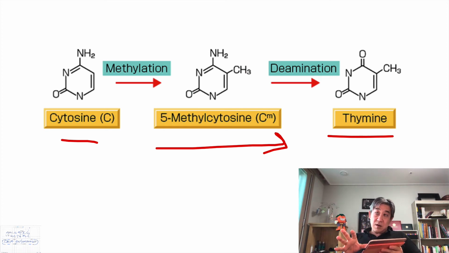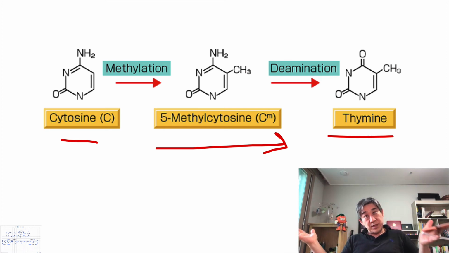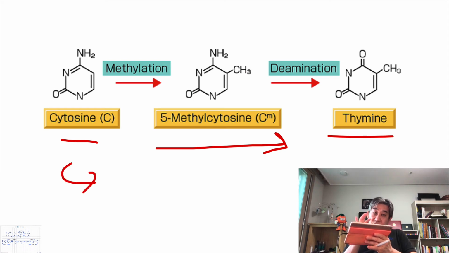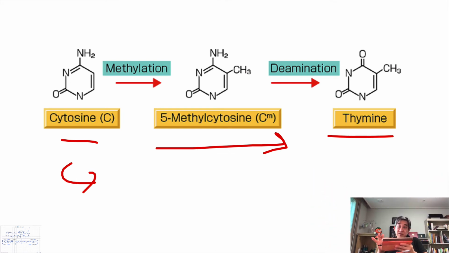If this event occurs just before DNA replication starts, then the newly synthesized complementary base will be inserted wrongly. Originally guanine should have been inserted as a pair of cytosine during DNA replication. However, now that this cytosine has been converted into thymine, then adenine will be inserted into the newly synthesized chain. Then that is a mutation.